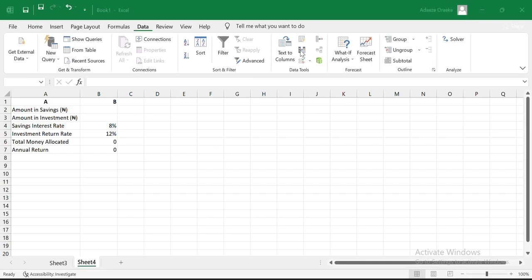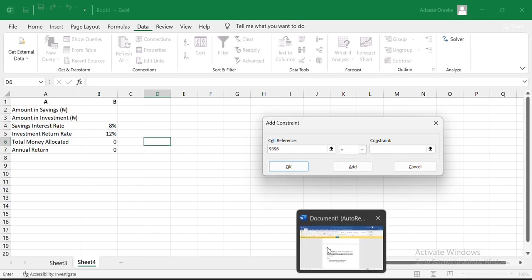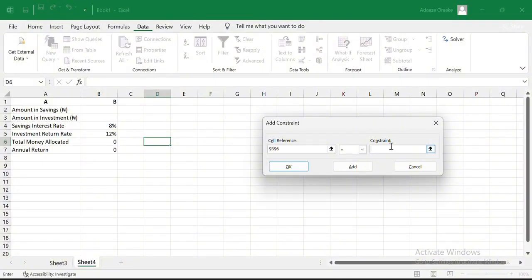So let us put in our constraints. First of all, remember that the money we have left after paying all our bills is 80,000 naira. So our constraint will be that our total money accumulated will be equal to 80,000 naira. It can't be more than that, it can't be less than that. That's how much we want to save and invest.